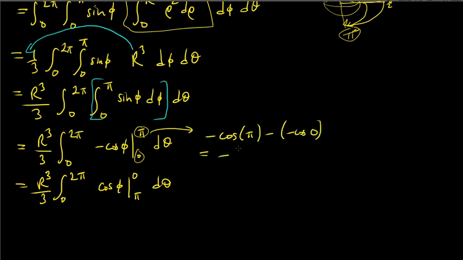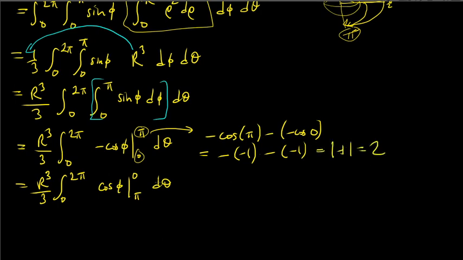Now, cosine of pi is negative 1, and cosine of 0 is 1. Negative cosine of pi minus a negative cosine of 0, that's negative negative 1, which is 1, plus 1.